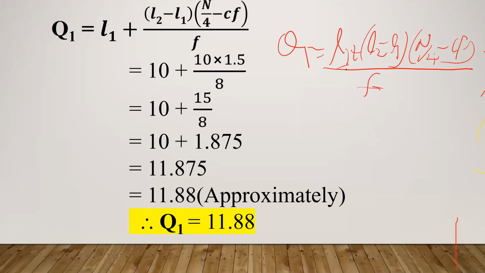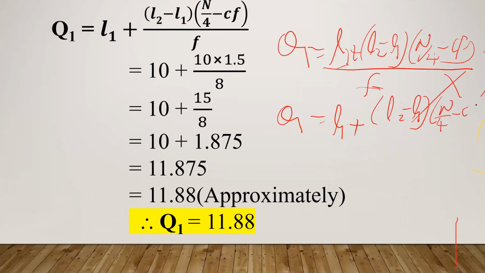Here they make a mistake. This division is not for L1. So this is a wrong formula. Your division starts after the L1 plus; then you write L2 minus L1 and N by 4 minus CF, and this division is only up to here.